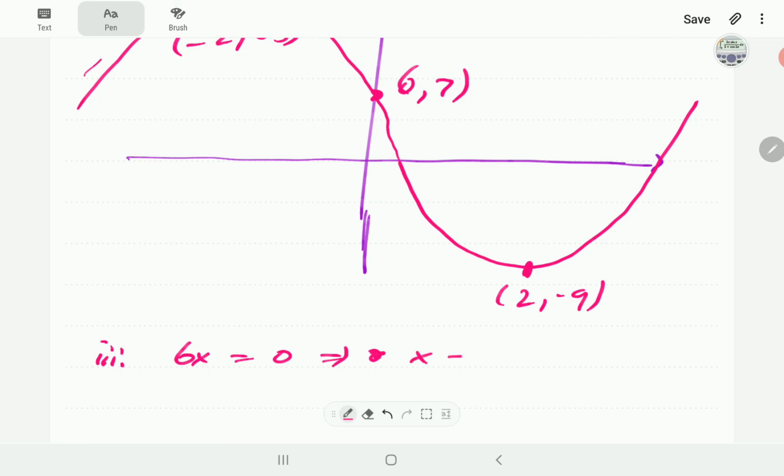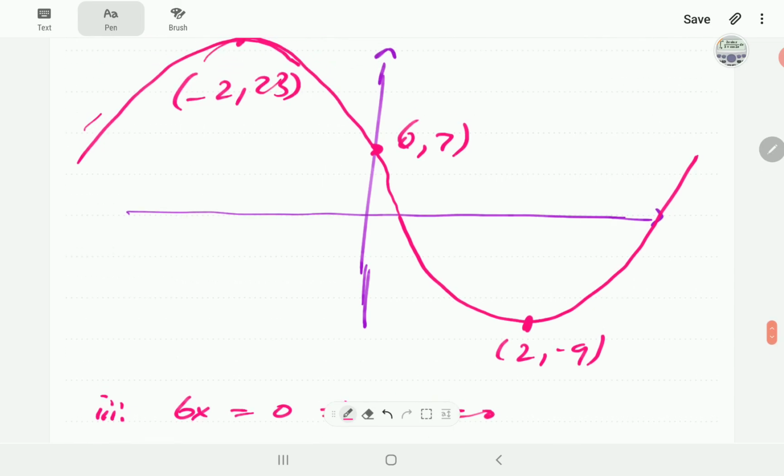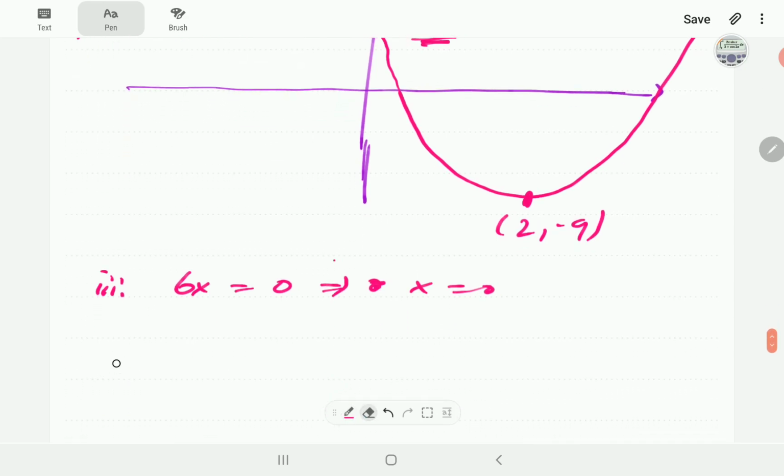So this gives us x equals 0. So we already have this, so that means the inflection point actually coincides with the y-intercept. Using what we mentioned earlier, if you take the average of these, then you get this point, so that means that is okay.